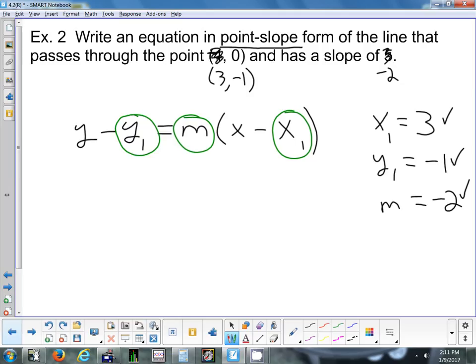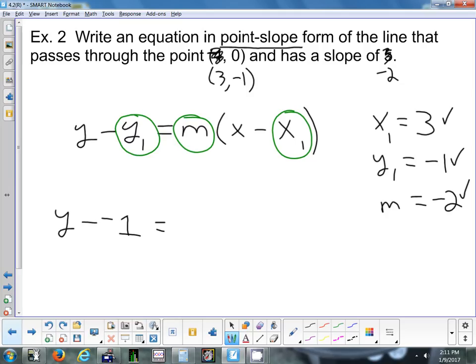That's all you have to do. So what are we filling in for y1? -1. Okay, I'll come back to that in a second. We can fix this, but it's y minus -1 equals.